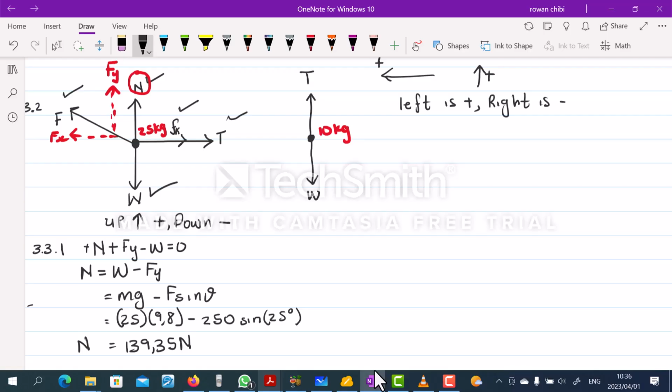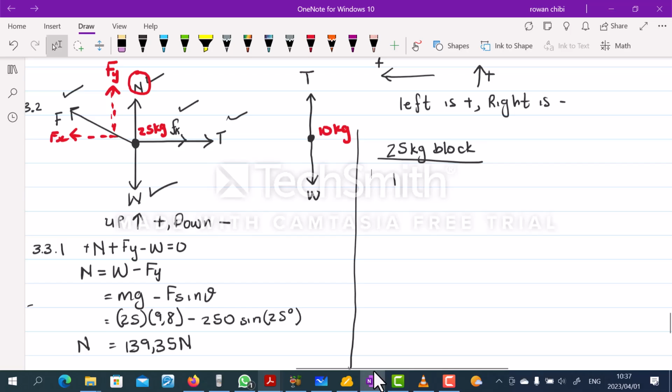Okay, so the first step that we do, we must say, we are looking now at the 25 kg block. So I'm focusing at the 25 kg block. The first formula that we always use is Newton's second law, which is F net is equal to ma. So we're focusing now at the 25 kg block.